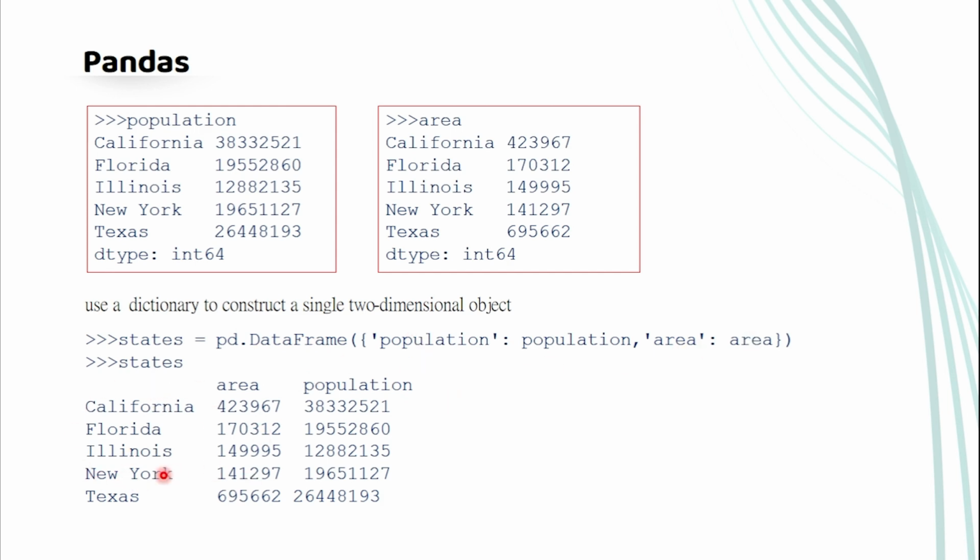Here we have area as the first series, and population as the other series, and these two series have the same index, state. So we can construct the DataFrame using the two series.